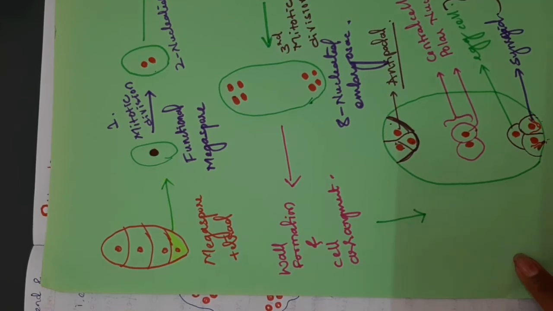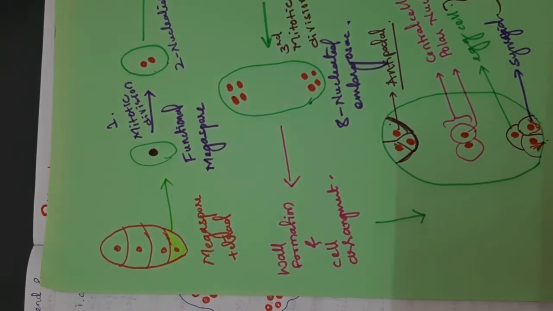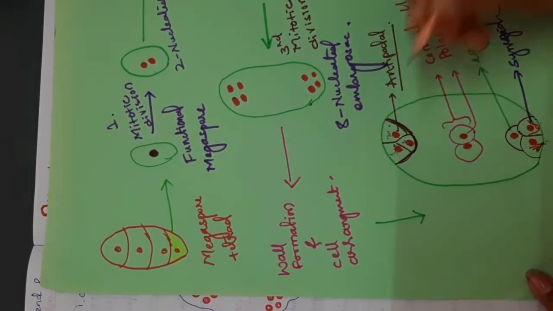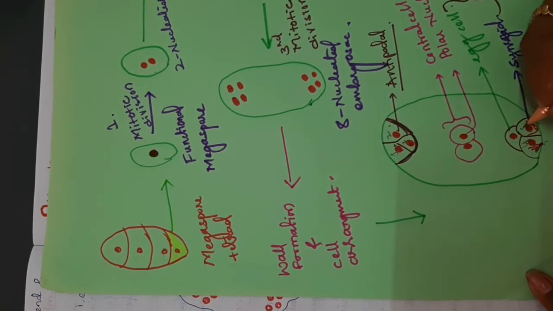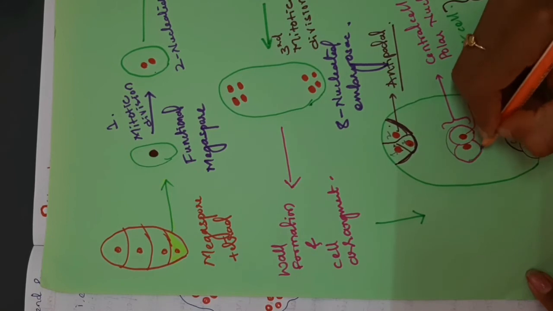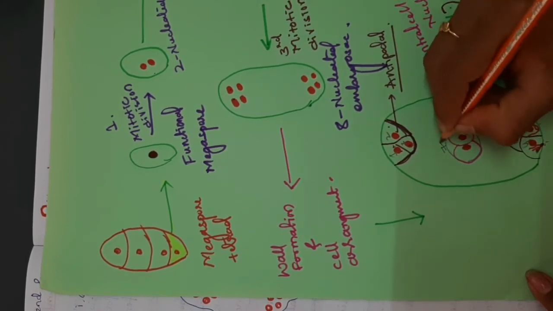This is the structure of matured embryo sac. You can see here, I will use a pencil, 1 cell, 2 cell, 3 cell, 4 cell, 5, 6 and finally this whole 7 cell.